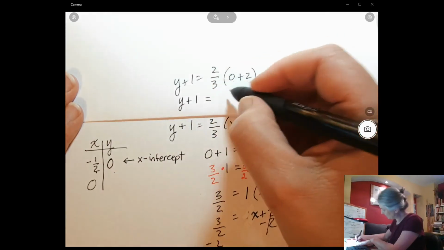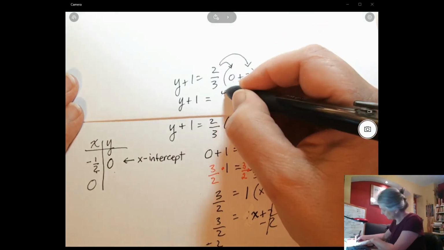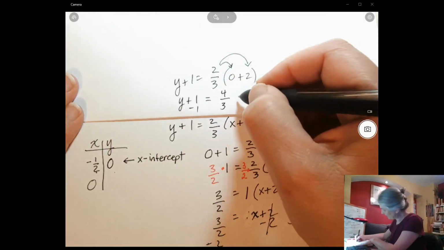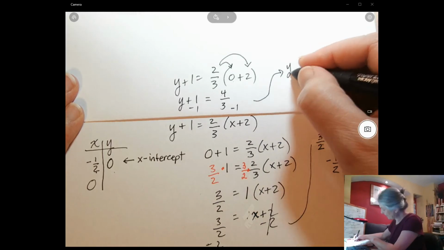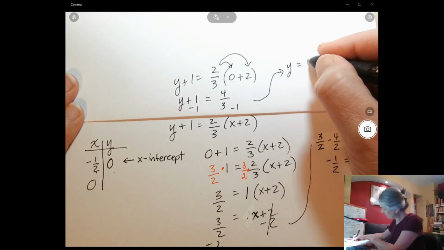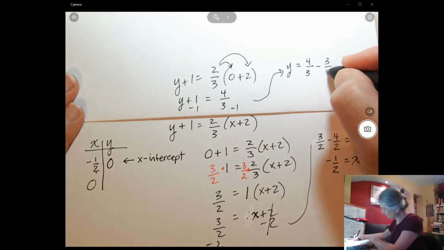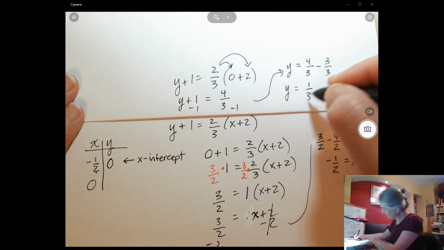So 2/3 times 2, we're using the distributive method, is going to be 4/3. We're going to subtract 1 from both sides, and we will get y equals 4/3 minus 1, which is also 3/3. So y will equal 1/3.